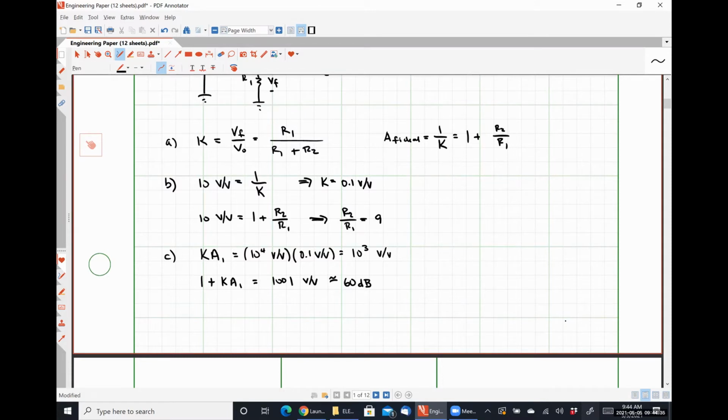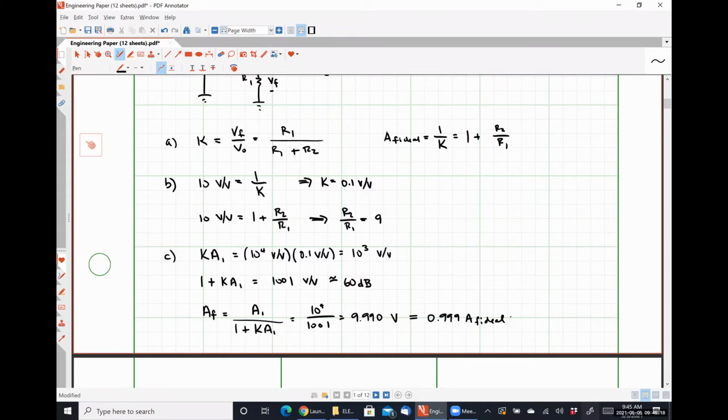Finally, our non-ideal closed loop gain is our open loop gain, A1, divided by our amount of feedback, 1 plus K A1. So this looks like 10 to the 4 over 1001, which gives us 9.990 volts per volt, which is actually exactly 0.999 times AF ideal.